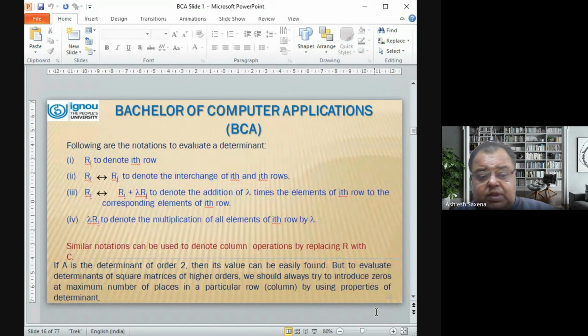In that case, we have to try to introduce zeros at the maximum number of places in a particular row or column by using the properties of the determinant we have just discussed. Now we will see how they are applied.